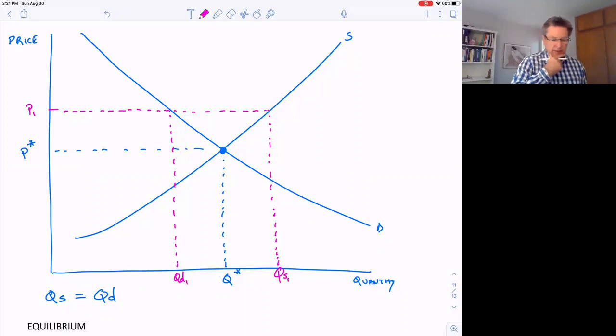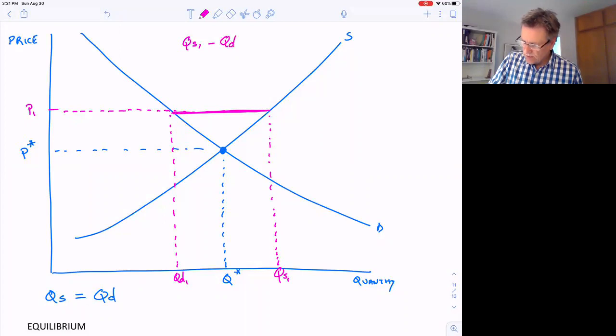We can see that they're not the same. More is being supplied than people want to buy. We can measure that amount. It's this horizontal distance right in here between the two graphs. It's QS1 minus QD1.